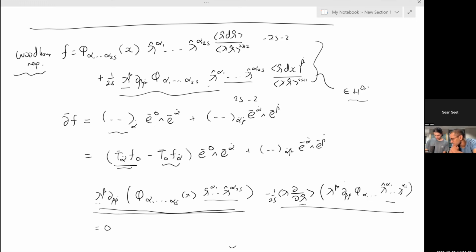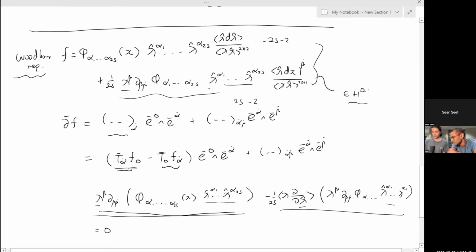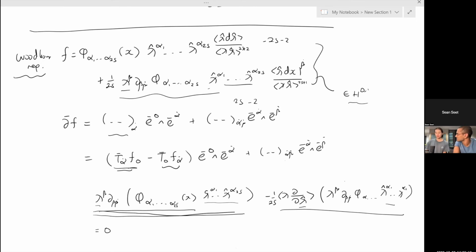But say for whatever reason I didn't have that term, then you're just compelled to have such an equation, it seems. It's going to contract some flat directions, the beta dot and the alpha ends. You're going to get an epsilon, and then that's going to contract the index between the partial beta dot and the phi. If we did that, that would give us the equation of motion.